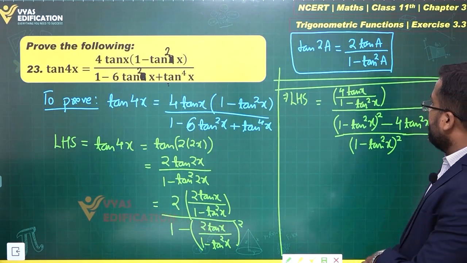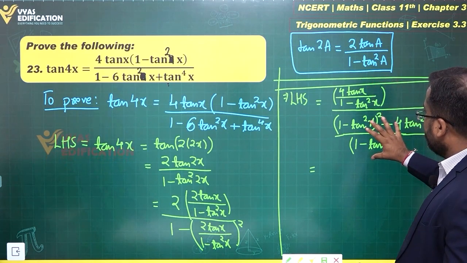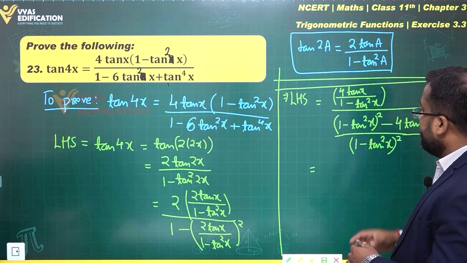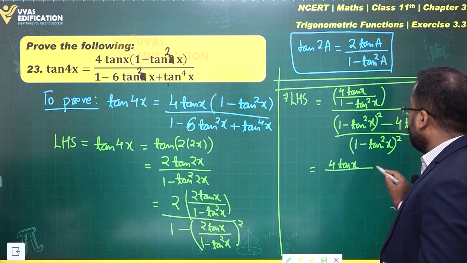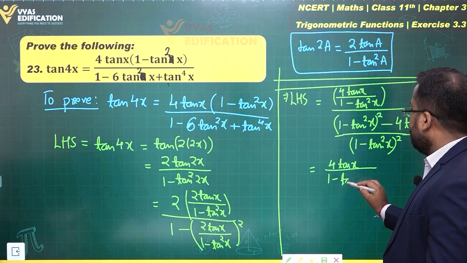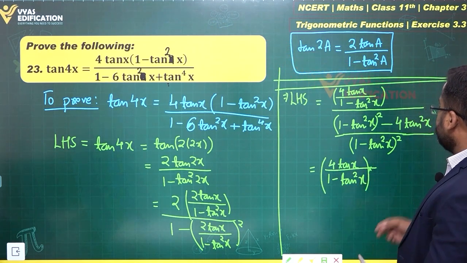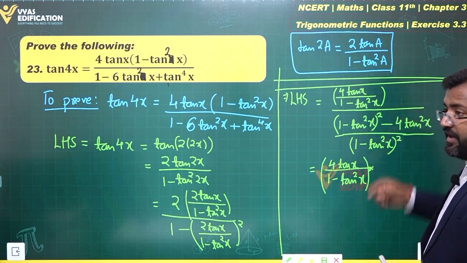What else? Next step is to simplify this further. This is numerator over denominator, which can be converted by inverting the denominator and multiplying. What you have is 4 tan x over 1 minus tan square x. Let's leave it as it is, and let's multiply the remaining thing. Invert the denominator and multiply it, right?